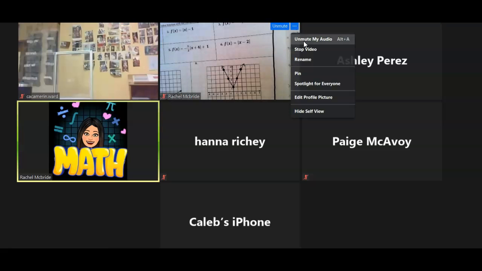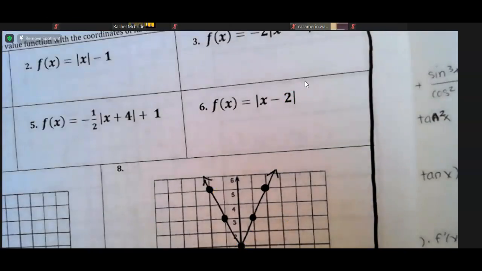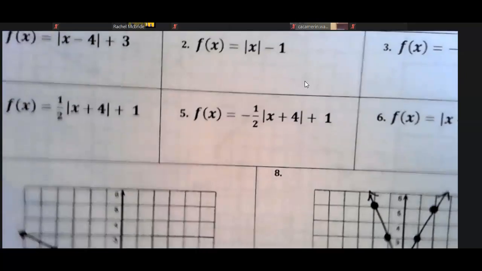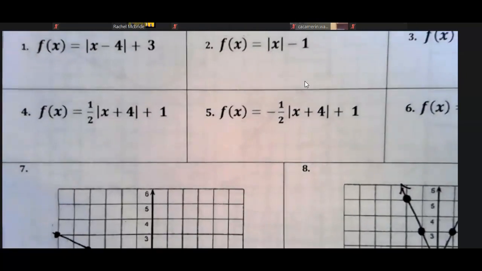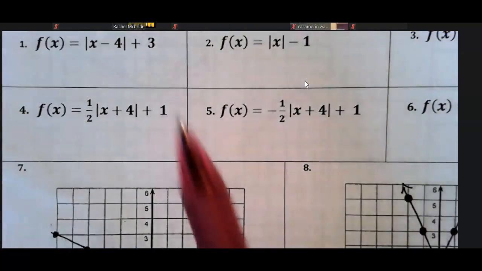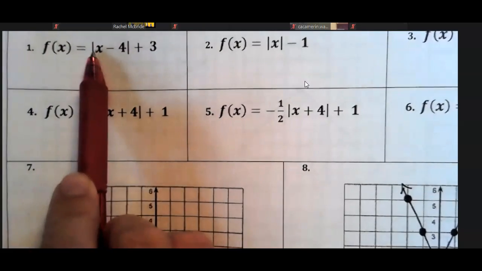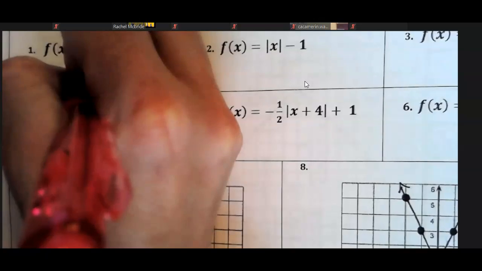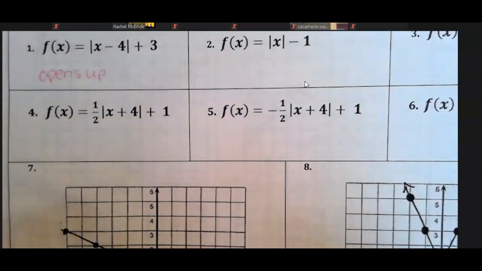We're going to spotlight me. Okay, so what I mean by that is I can quickly look at each of these problems. And if I look at problem number one, this is a positive in front. So I know when I'm picking one of my answers that it has to be an opens up.